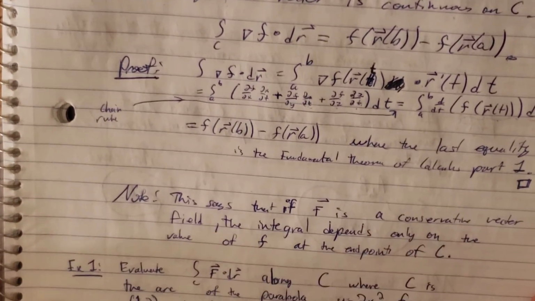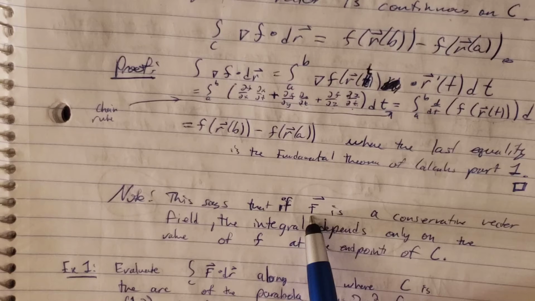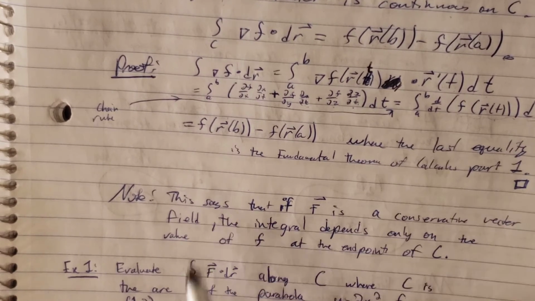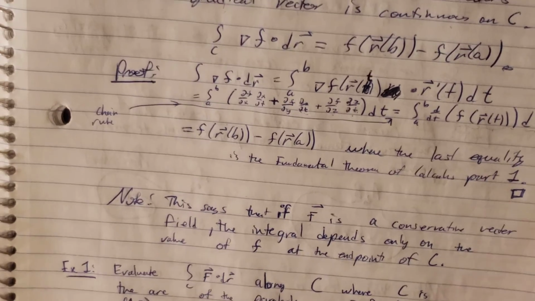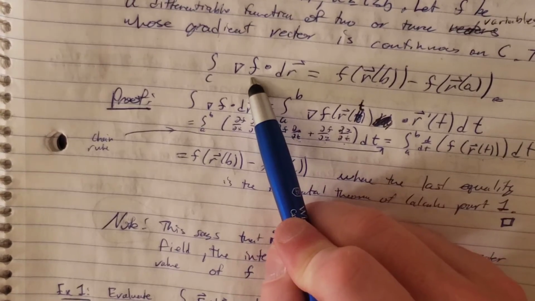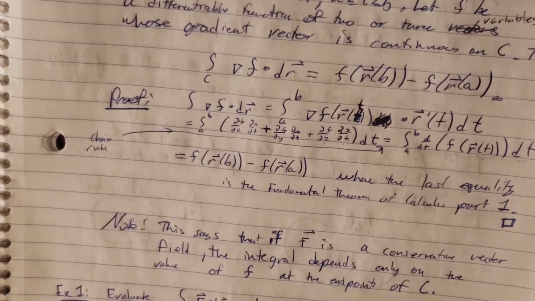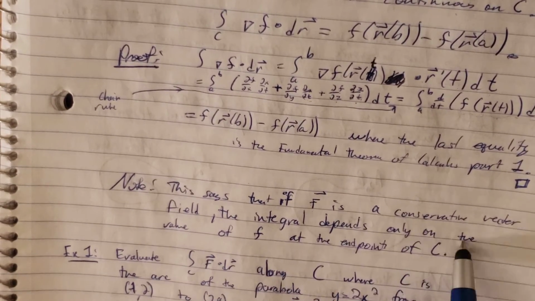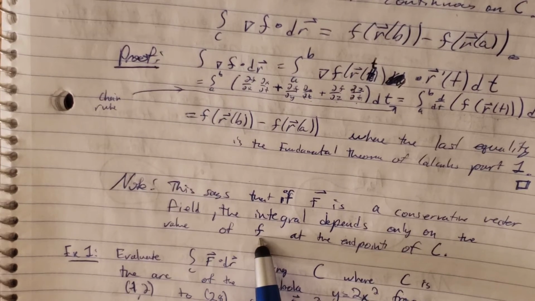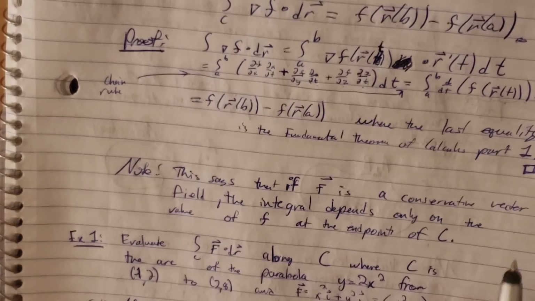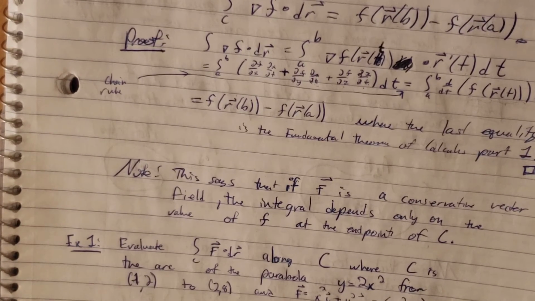Now, what does this really say? This really says that if the vector field F is actually a conservative vector field, i.e. there exists some scalar function f such that the capital F here is the gradient of that scalar function f, then the integral depends only on the value of the scalar function f at the endpoints of our curve C. Okay, well that gives us a fantastic way to solve these line integrals over vector fields if our vector field happens to be a conservative vector field.